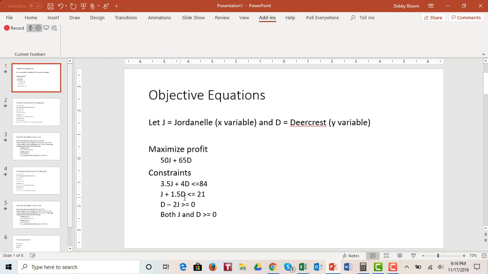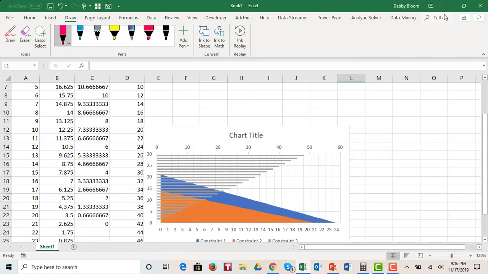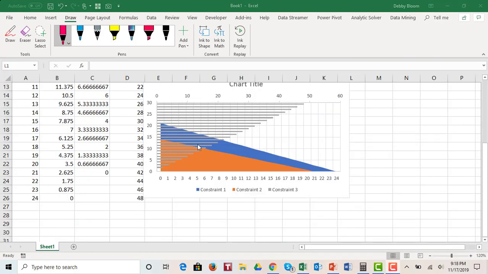We're going to solve j plus 1.5d equals 21, and d minus 2j equals 0, so therefore d equals 2j. Now, in order to find this corner, we're going to have to solve a series of simultaneous equations. We don't have to worry about constraint 1 because that is not involved in our intersection.